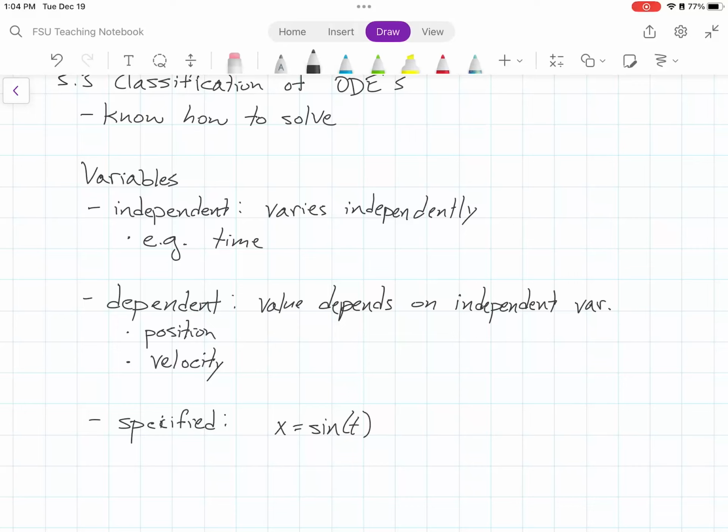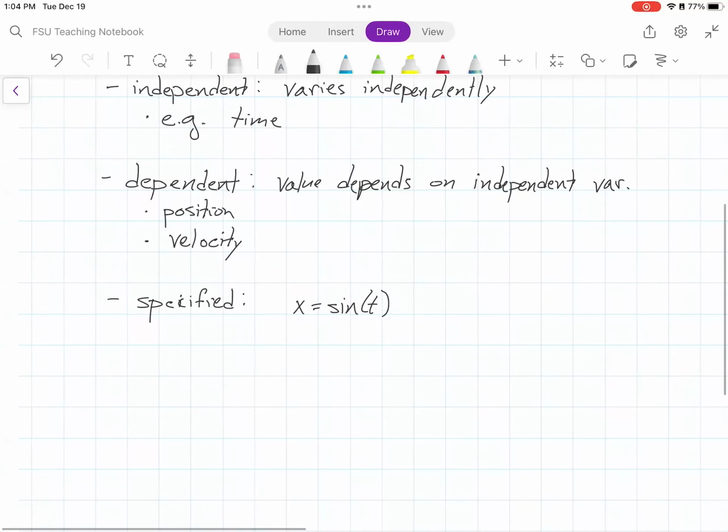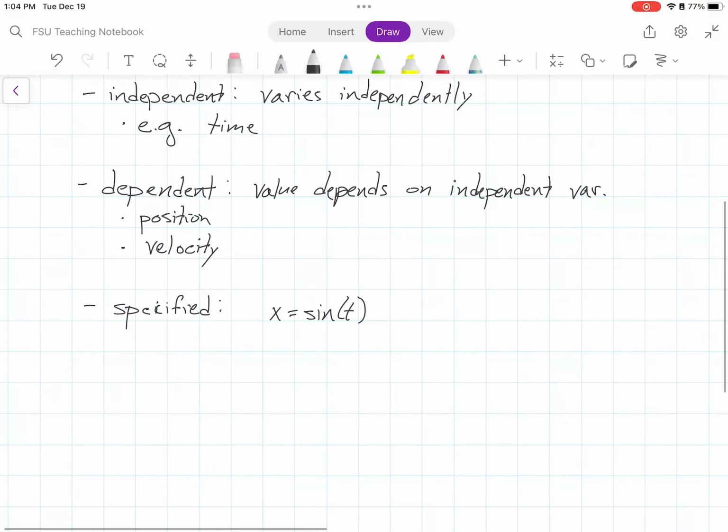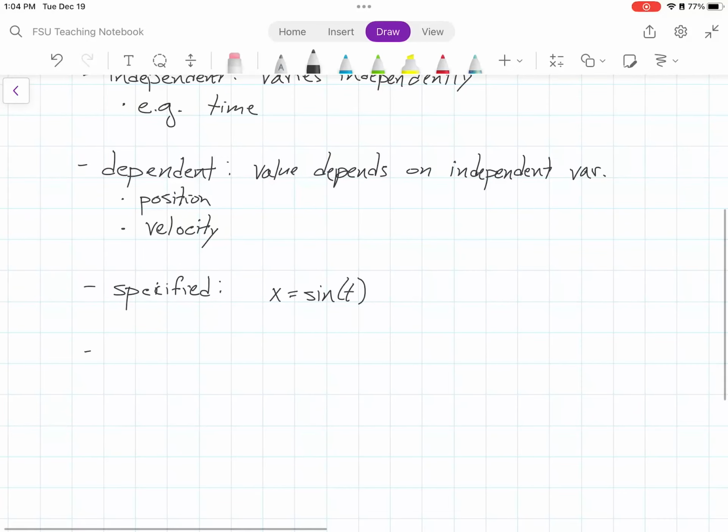If this x, or this position, shows up in a larger equation, but we know ahead of time that it always equals sine of t, then it's what's called a specified variable. It's not actually independent, and this is if it comes in the context of a larger equation. We also have constants or parameters, and these are variables that might show up as letters in our math, but they don't change. So the value doesn't change with respect to any variable.